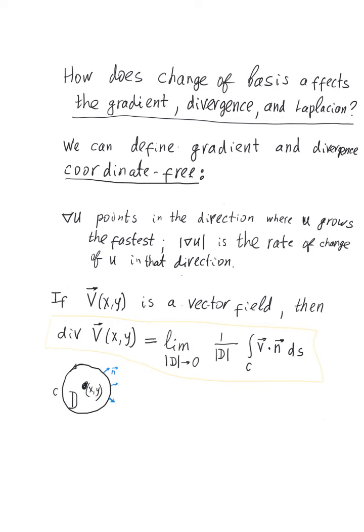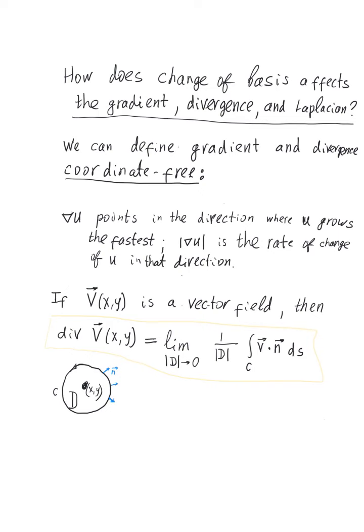So suppose we have some vector field, so at every point xy we have a vector. Then the divergence of that vector field at point xy is simply the limit of the following. We consider disks centered at the point xy, and let's denote by absolute value of D the area of the disk.